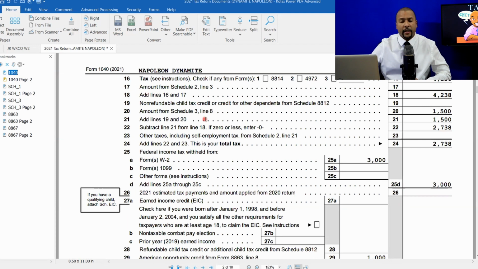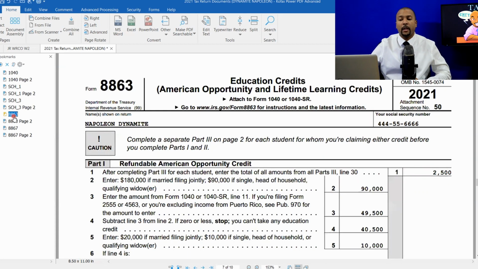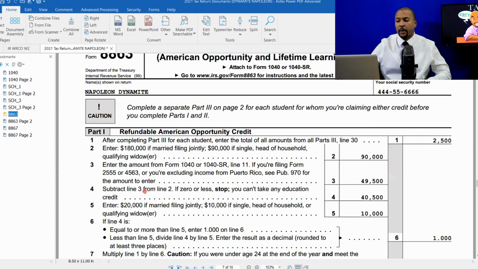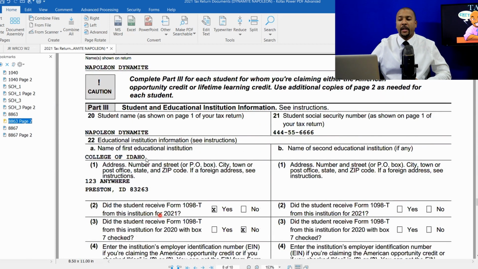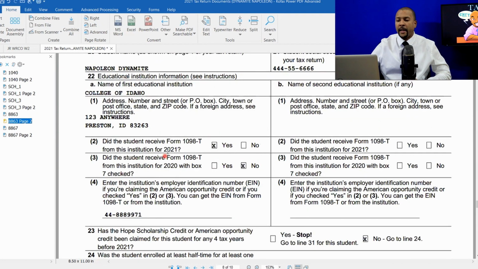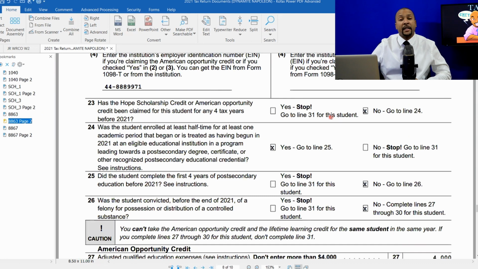And here is where we move into Schedule 3, credits. So let's go see what's there. So now on Schedule 3, which is additional credits and payments, we can see that he has an education credit coming from Form 8863, line 19. And if we pop into his 8863 and specifically look at page 2, we can see that Napoleon Dynamite went to the College of Idaho and he received a 1098-T, and it looks like he had not claimed the American Opportunity Credit before.